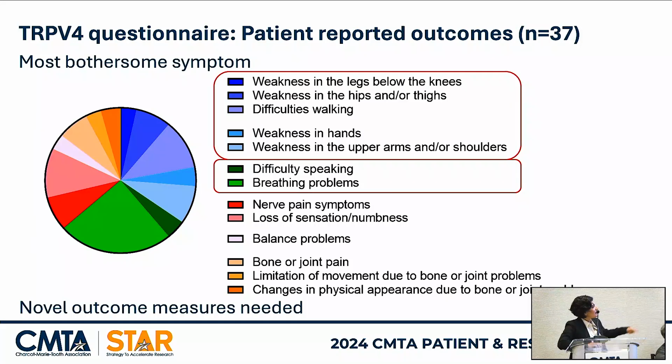So you can see in bright green is the category of patients that have significant breathing problems. And so this information tells us that these patients have some things in common with other forms of CMT, but then they also have some distinct features as well.